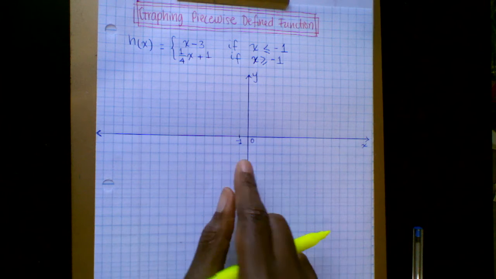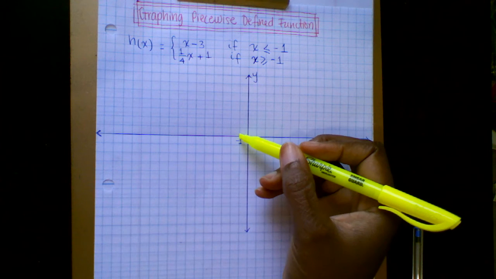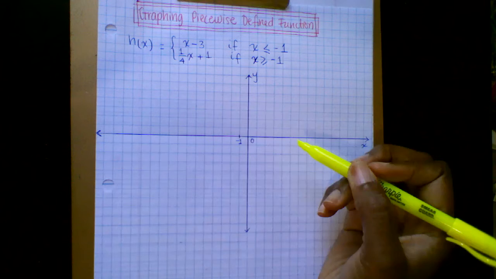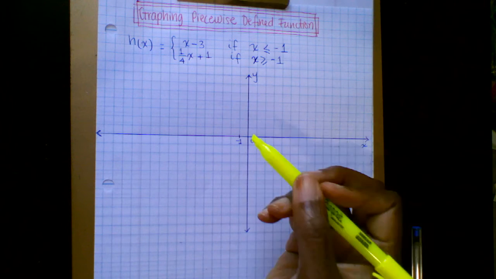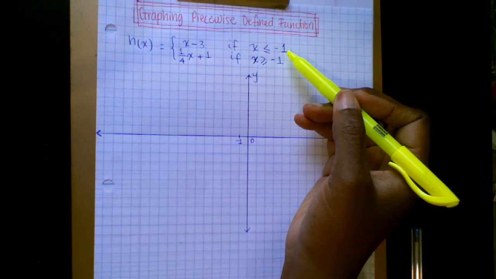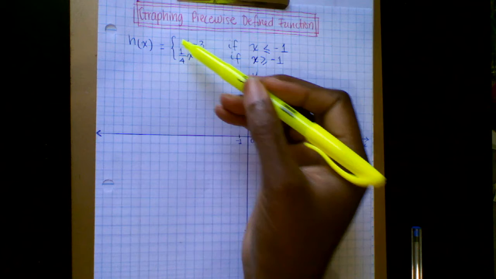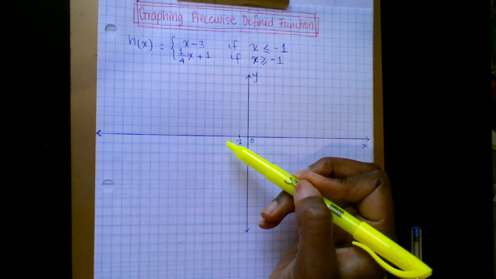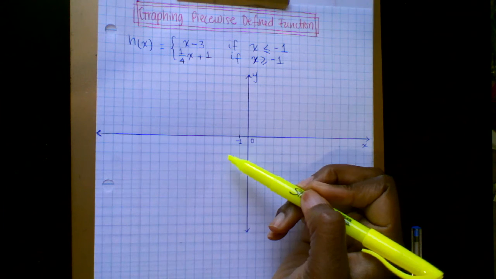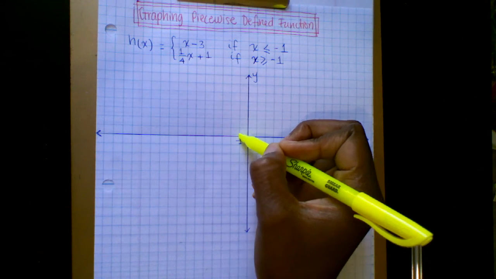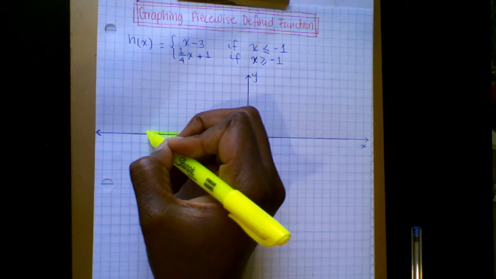Am I going to highlight all the numbers on the left side of -1 or on the right side? Remember, the domain restriction for the first function is that all the x values need to be less than or equal to -1. And for that reason, I'm going to shade all the numbers on the left side.